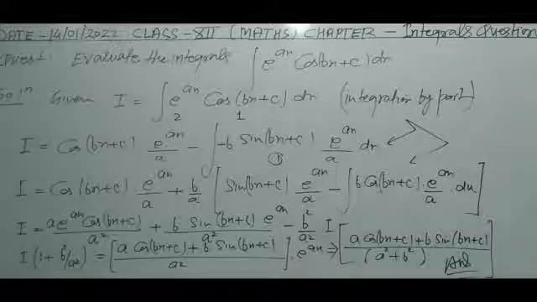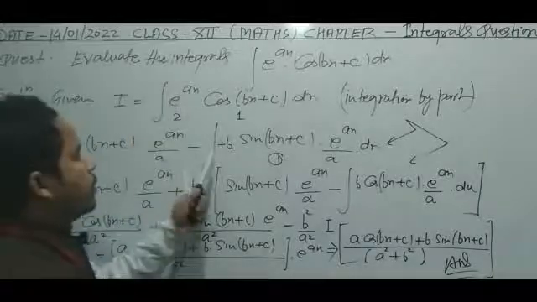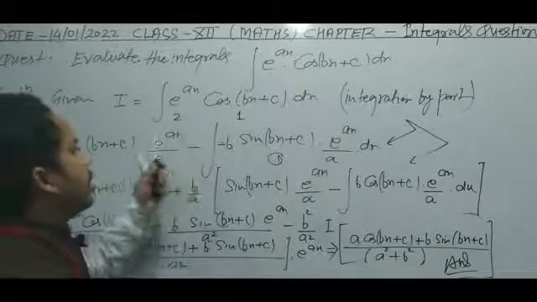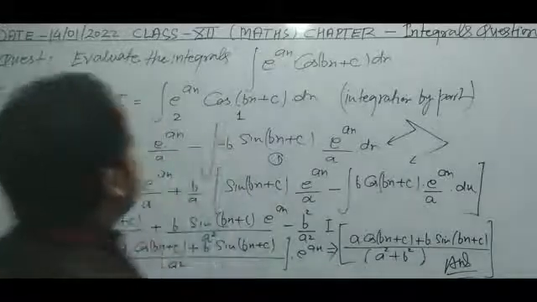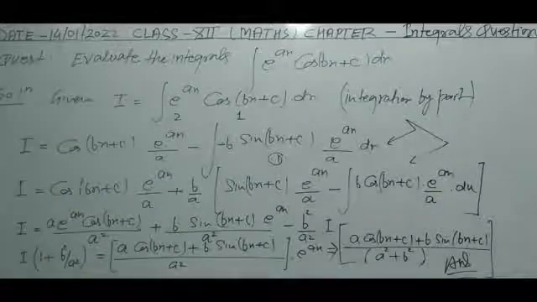Now you will see first function is here. First function integration of second function, coefficient will be in denominator, into minus sign, integration of d by dx of first function, which is minus b times cos of bx plus c. Differentiation is sin of bx plus c with minus b and e to the power ax upon a.